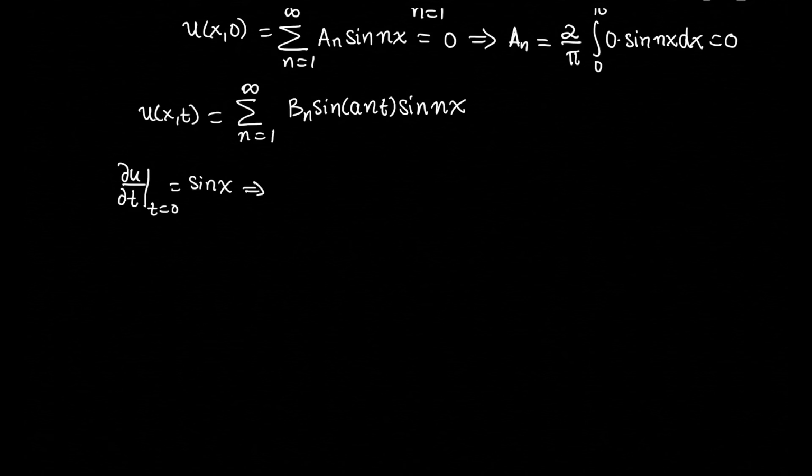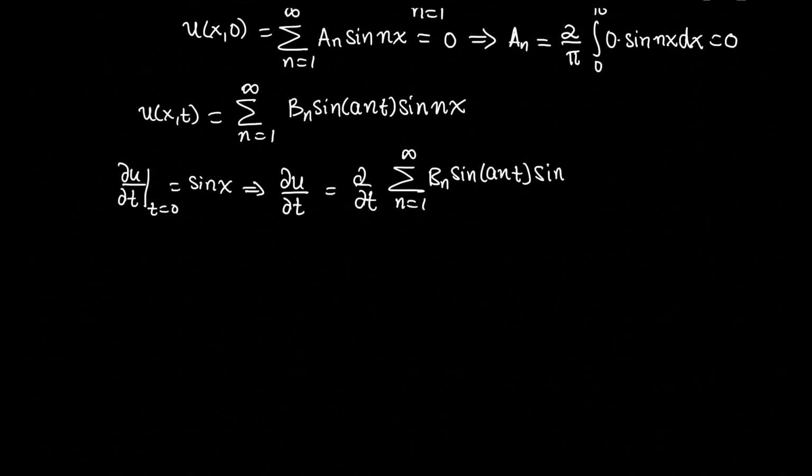I find the derivative from here, du/dt. Notice that I'm just finding the derivative with respect to time, so it's the derivative with respect to time of the summation from n equals 1 to infinity of bn sine of a n t sine of nx.